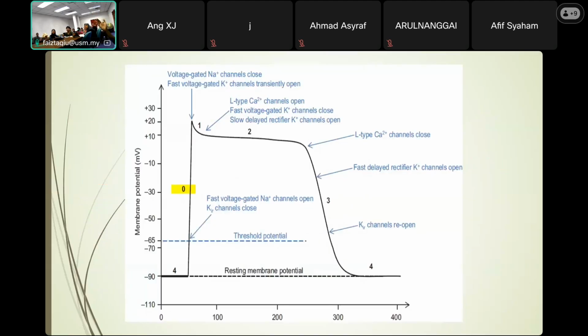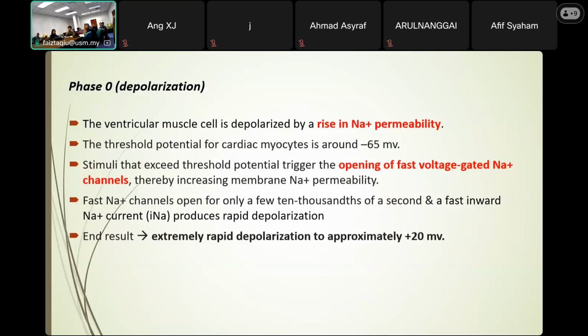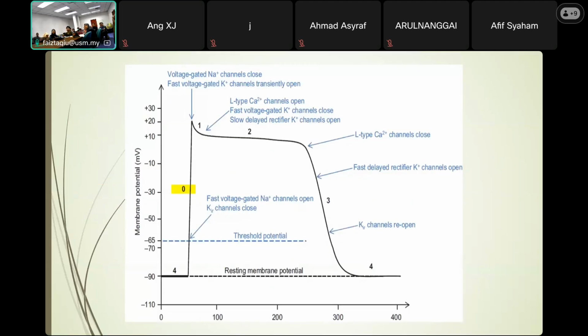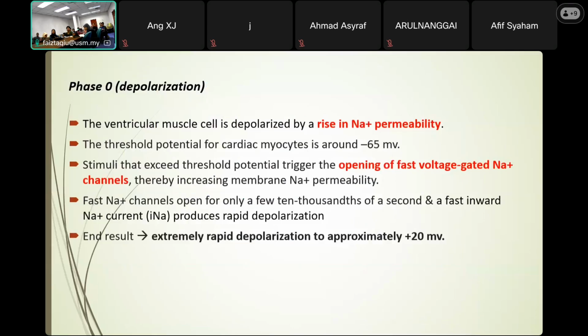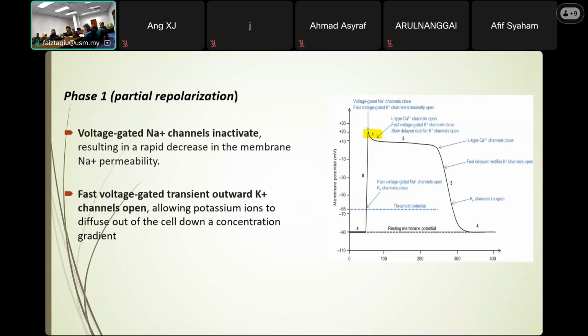Therefore, there's a sudden rapid depolarization where the potential will reach positive 20 millivolts due to the sudden increase of sodium permeability. They open only for a very short while, and therefore it seems like a straight line up compared to your pacemaker potential. So, like I mentioned, the end result is an extremely rapid depolarization to approximately positive 20.